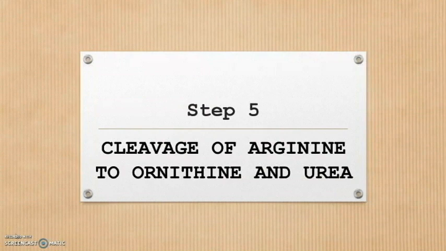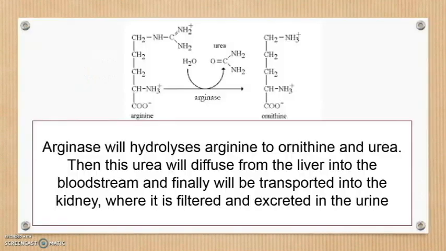Now, here comes the last step, which is the cleavage of arginine to form ornithine and urea. The enzyme involved in this step is arginase. Arginase will hydrolyze arginine to form ornithine and urea.